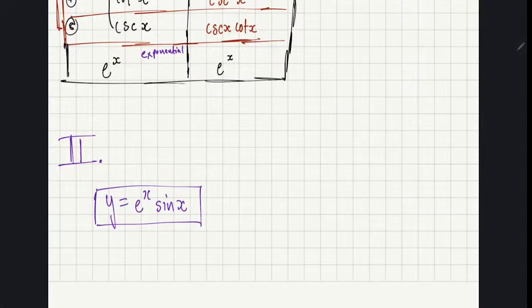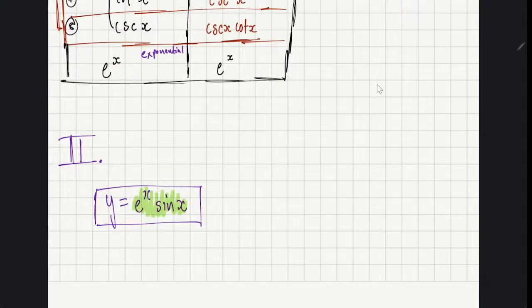Because when things multiply or divide, we count them as one thing. So we now have the 5 types of functions mixed up. They are multiplying each other or dividing each other.